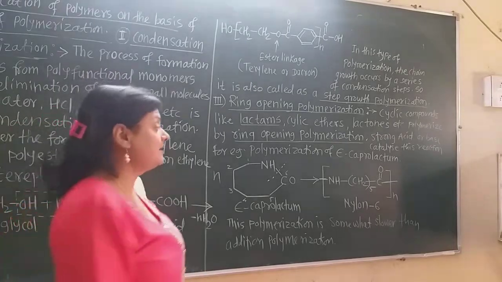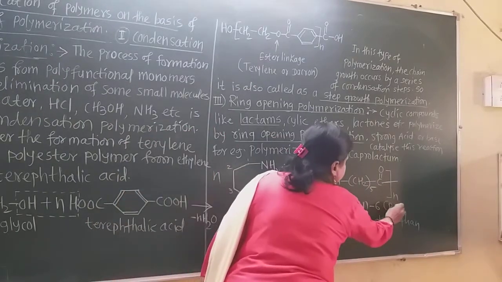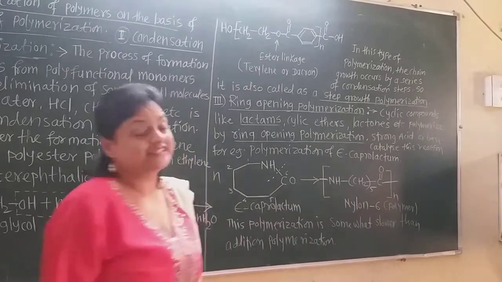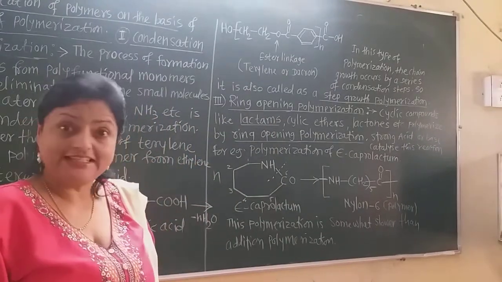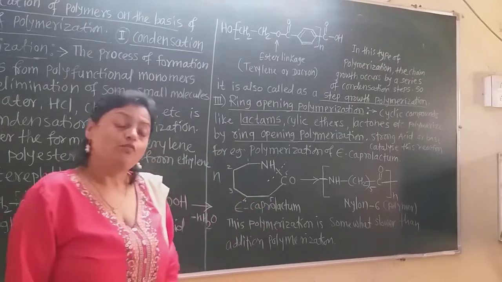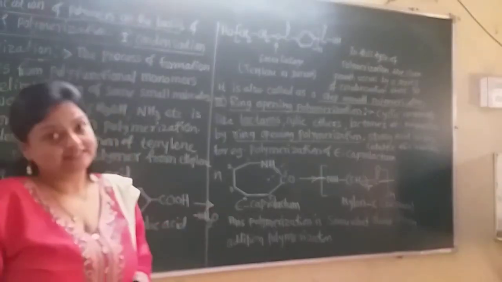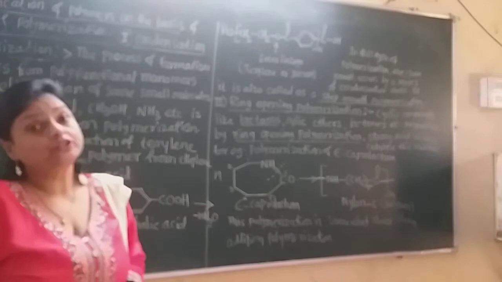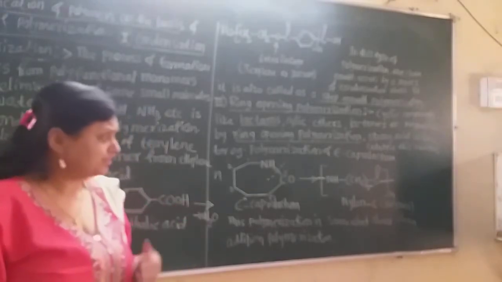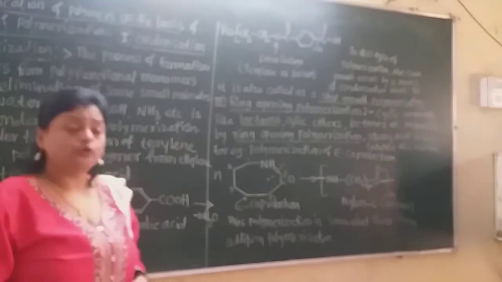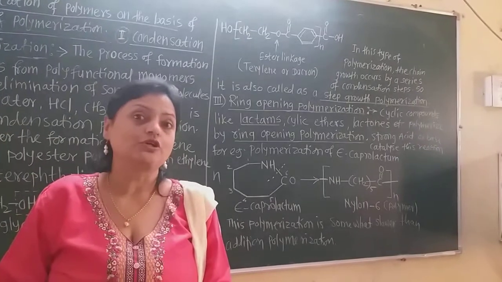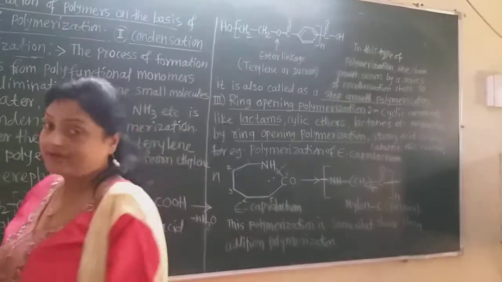This is the polymer, and its name is nylon 6. Why nylon 6? Because there are 6 carbon atoms in the monomer of this polymer. Now this is about ring opening polymerization. This ring opening polymerization is somewhat slower than addition polymerization. Now this is the classification based on the mode of polymerization.